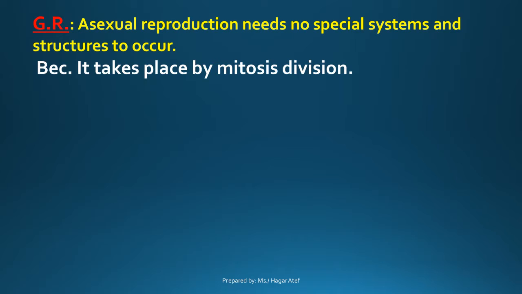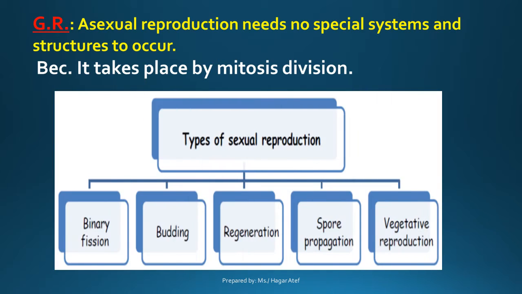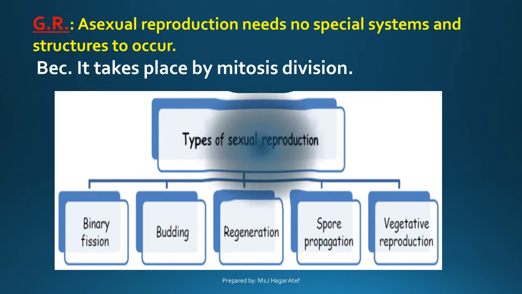Give reason: asexual reproduction needs no special systems and structures to occur because it takes place by mitotic division. Types of asexual reproduction: binary fission, budding, regeneration, spore propagation, vegetative reproduction.